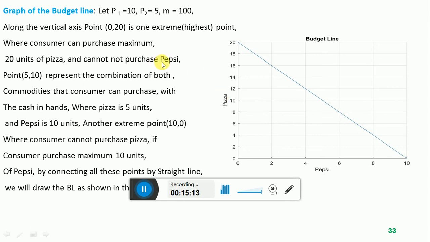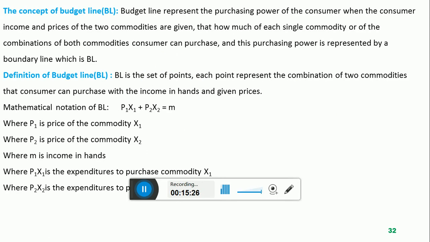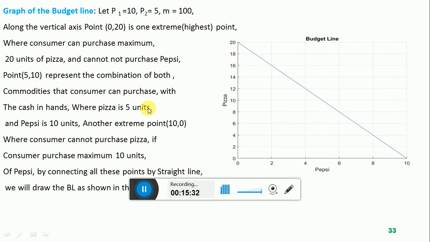So this is a budget line, and we can develop it by assigning values to the mathematical equation of the budget line, P1x1 plus P2x2. When we put the values of P1, P2 and M in this formulation, we can find at least 2, 3 solutions, and then we can plot this budget line.